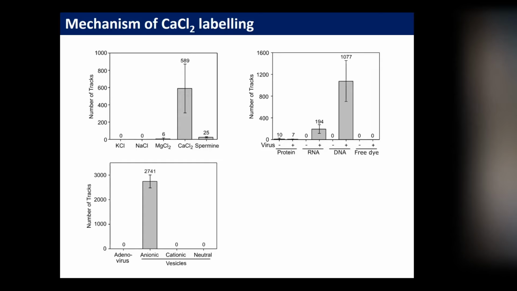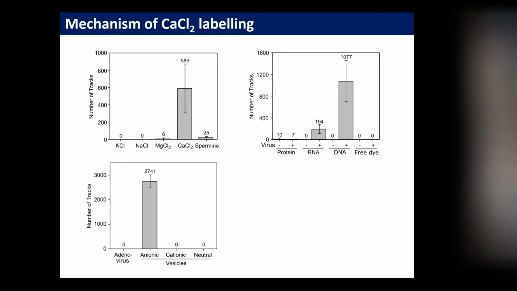Finally, we investigated the need to have the viral envelope. Some viruses don't have the lipid envelope. For example, adenoviruses don't. When we tried the labeling with that, we couldn't see any labeled particles. We also used small artificial vesicles that we produced in the lab to have a certain charge.